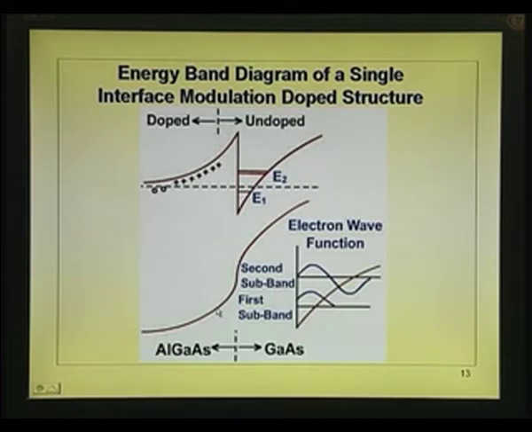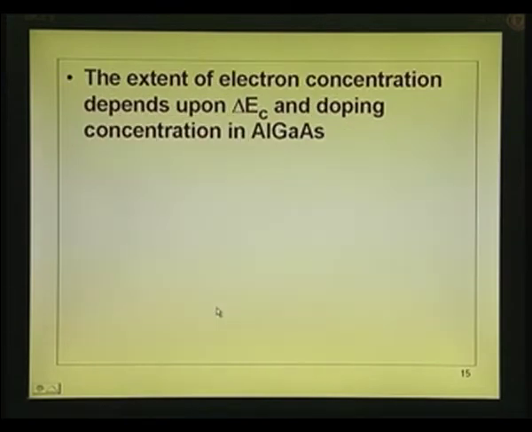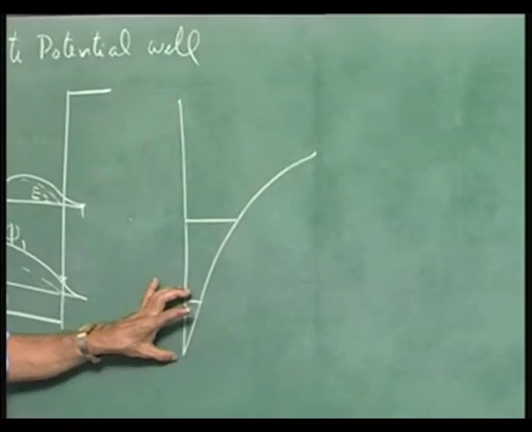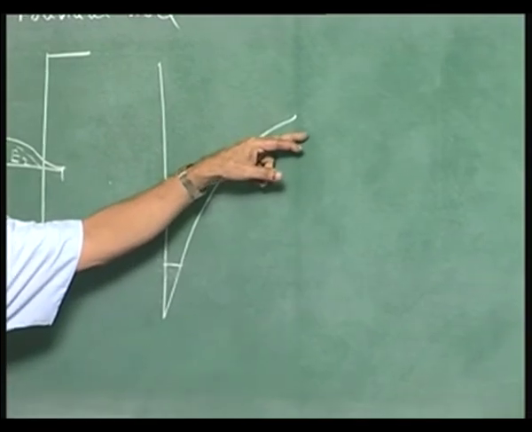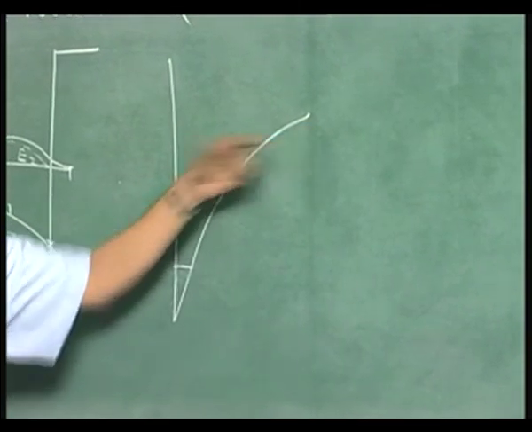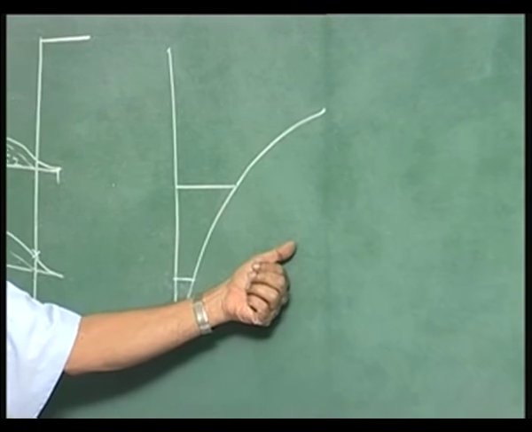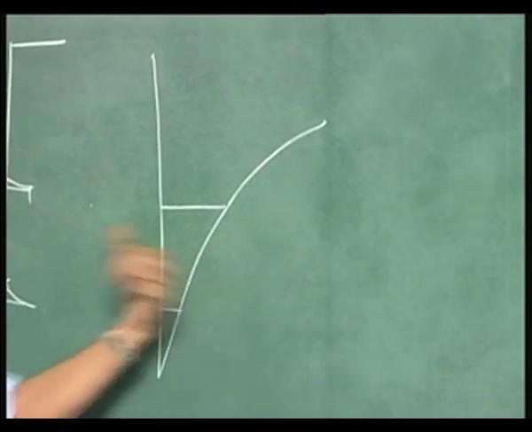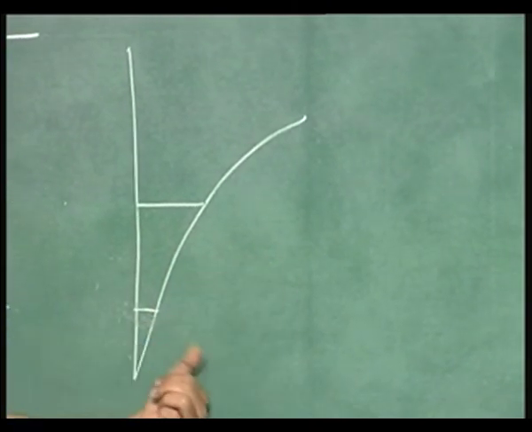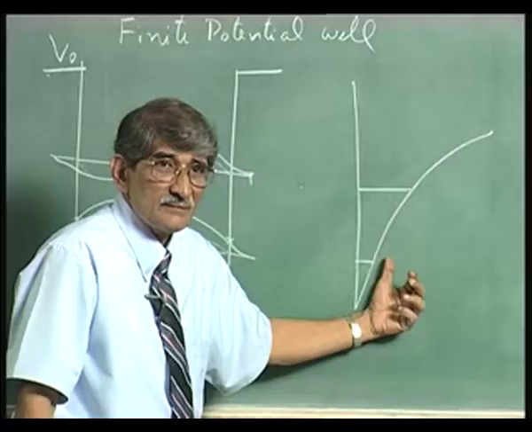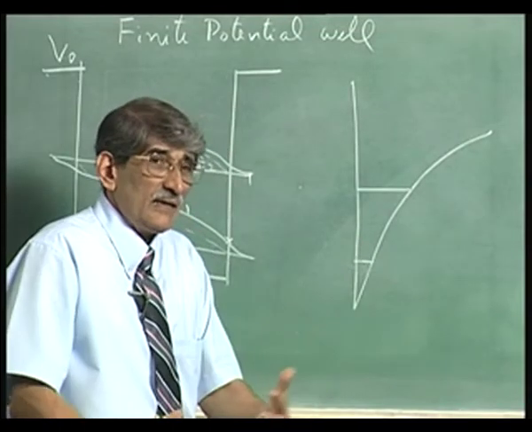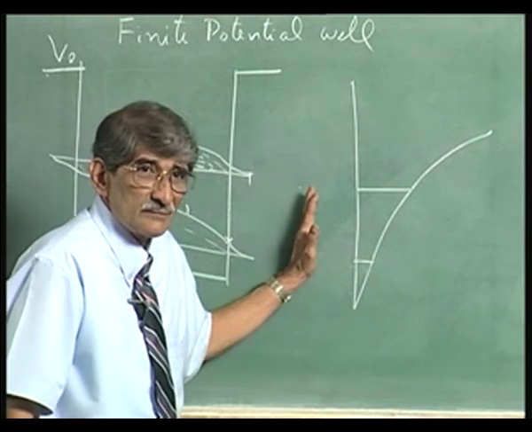Now, the extent of electron concentration depends upon delta Ec and the doping concentration in AlGaAs. The electron concentration here depends upon how much band bending is there. The band bending depends upon the doping ratios. In a homojunction, it is the logarithm of Nd Na divided by Ni squared, times Vt. That is what we say, it depends on the doping in this level.